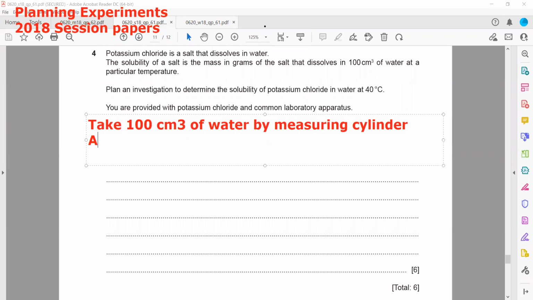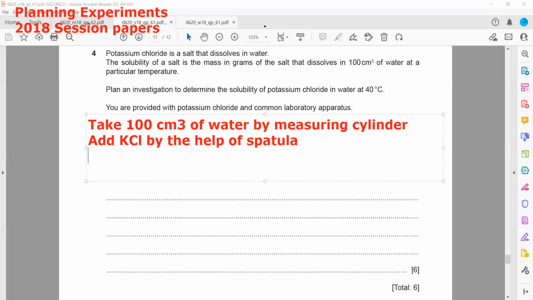Then we will add potassium chloride, KCl, by the help of a spatula. After that, we will stir. Then we will filter to remove undissolved KCl, potassium chloride.